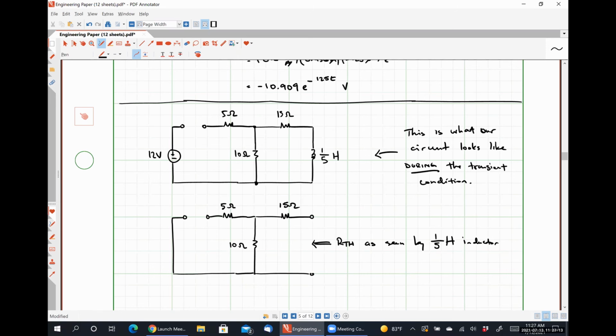So what resistance do we see from the perspective of the inductor? Ten ohms in parallel, or 10 ohms in series with 15 ohms. Exactly right.